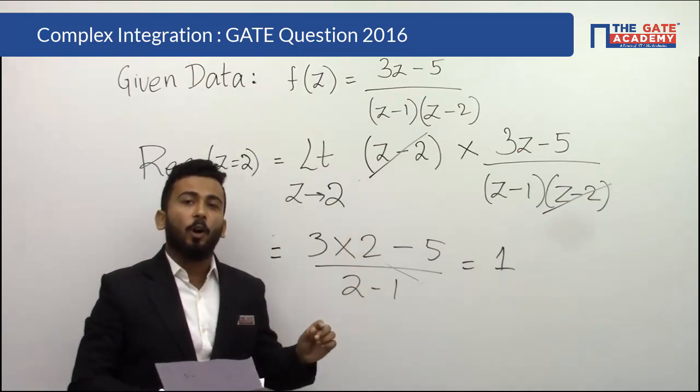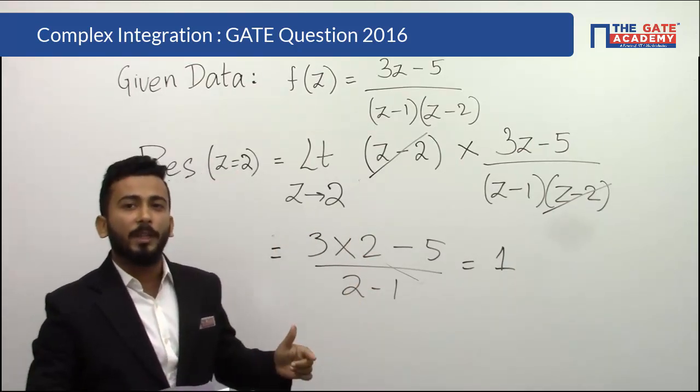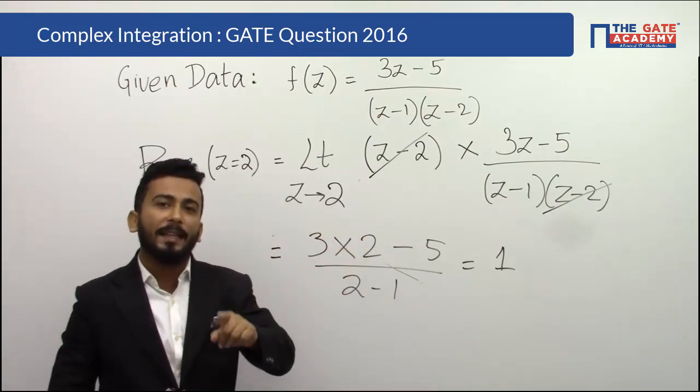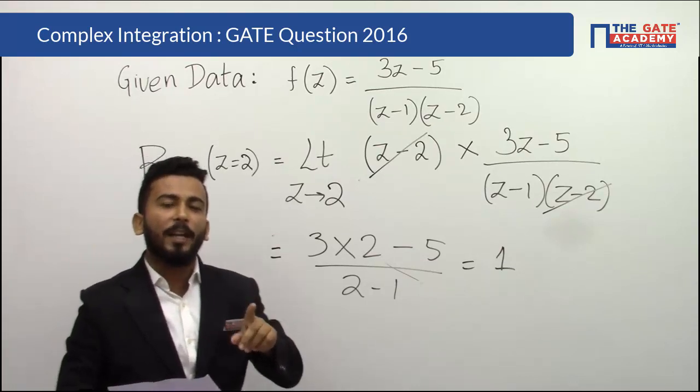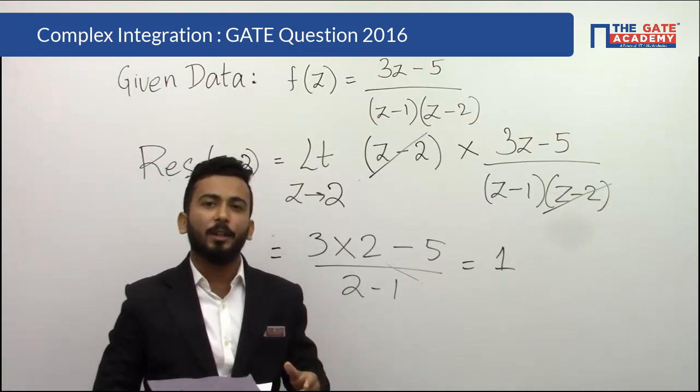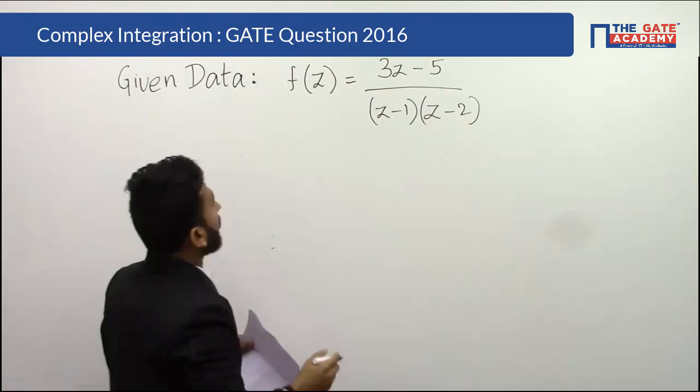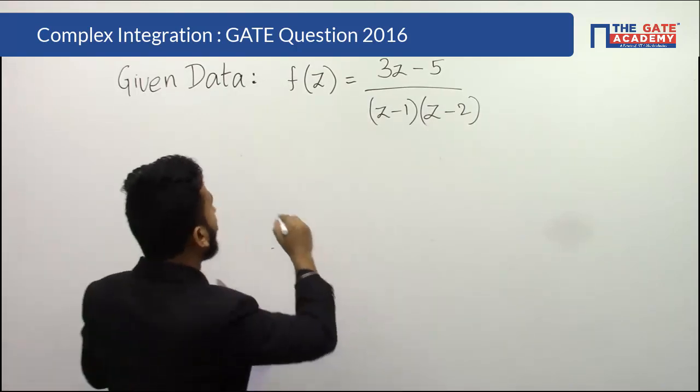Now, according to the residue theorem, we will add both the residues and multiply by 2 pi i, and that will give us the final value of the integration which we desire to find. So here we are.